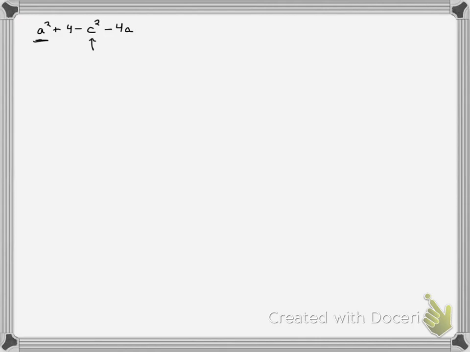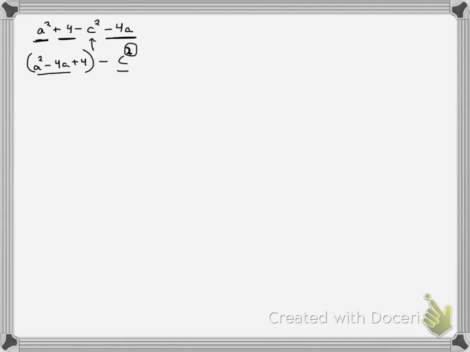So if I look at this, this, and this as a binomial, let me flip things around. Now I'm going to have a squared minus 4a plus 4 as a trinomial minus c squared. Well, this is, right here, something squared.